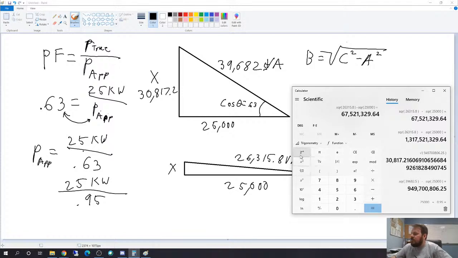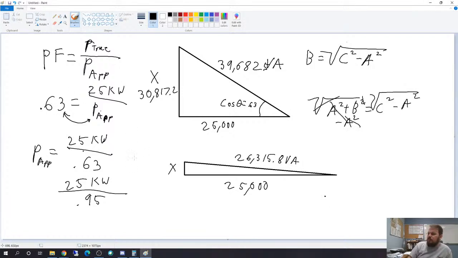And then we take the square root of that. 8,217 point, we'll round that to 8,217. And this is vars.